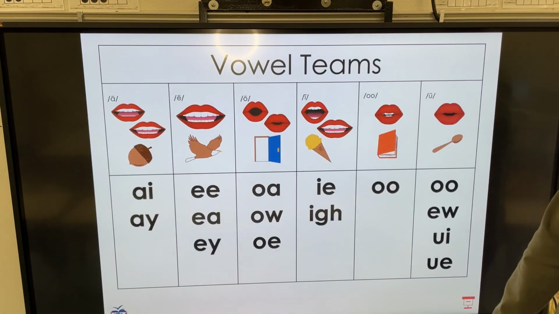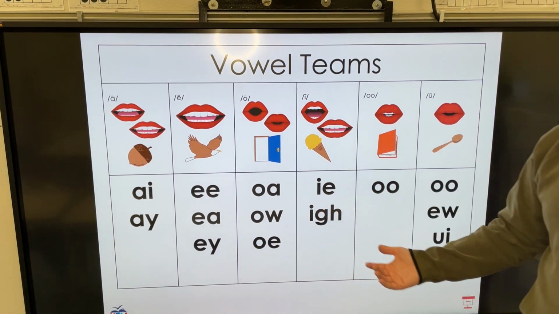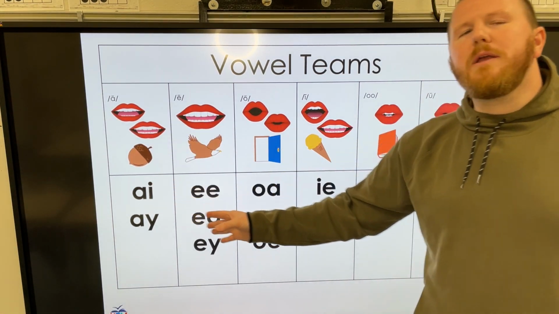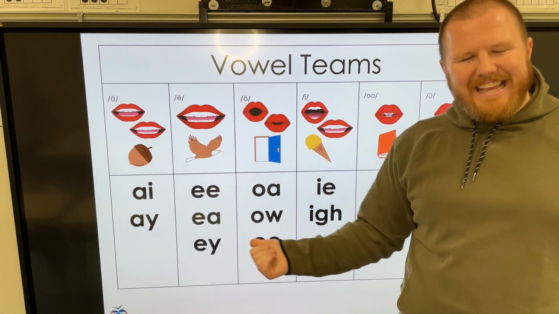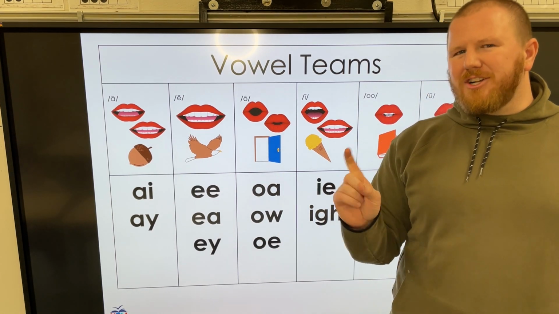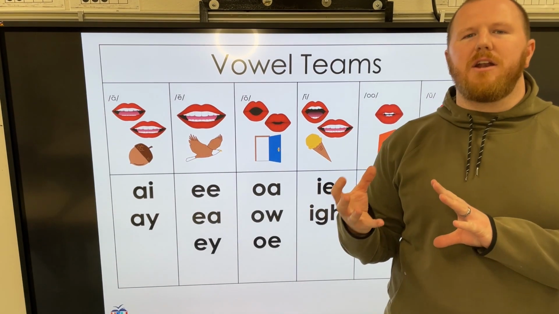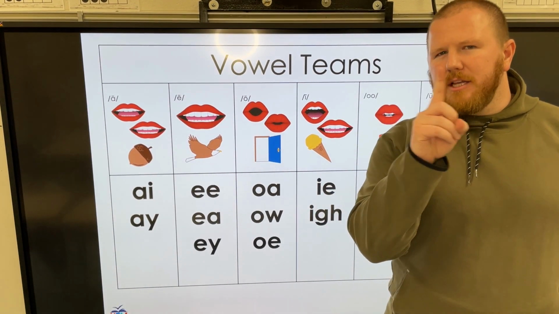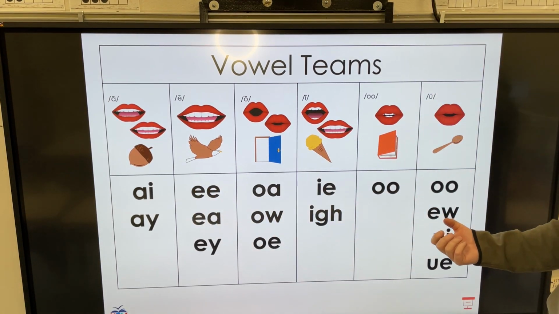So, let's take a look. Look at this whole list. This is all the ones that we've learned. So, they only put the vowel teams because they're the 2 that go together. So do they have sneaky E's on here? No, because they're not next to each other. They're like later on in the word. Or they didn't put the letters that are open syllable because it's just one letter. They're only putting the ones that are 2 or 3 that combine together.